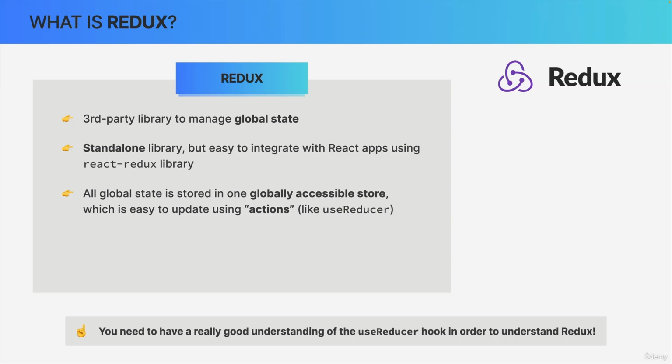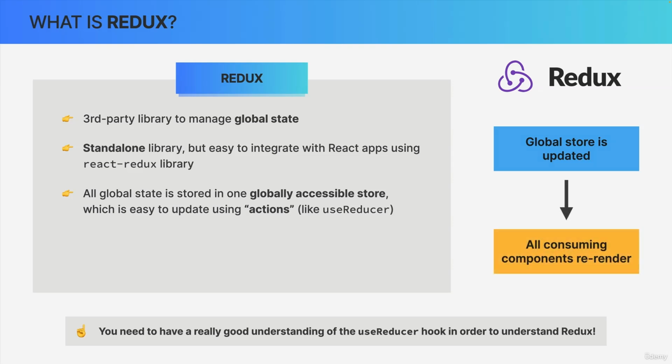But anyway, the idea of updating state in React and in Redux is always the same. So in the case of Redux, as soon as we update the store, all the React components that consume some data from the store will be re-rendered. So conceptually, if we think about this, Redux is actually quite similar to combining the context API with the useReducer hook, as we have done in the WorldWise app.